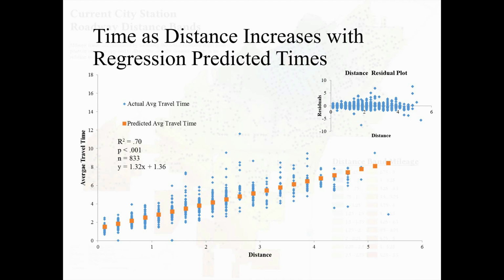The other 30% of the variability comes from something else, right? It could be traffic, construction, weather, some other variable. The p-value is very, very low, which means it's very significant. Our residual plot, they're very close to 0, which is very good. So the model, it's a pretty good fit.